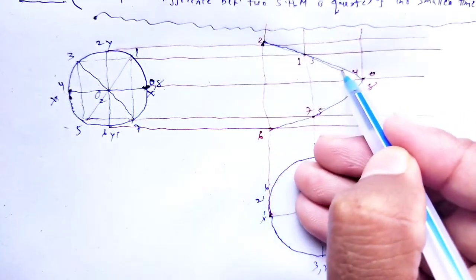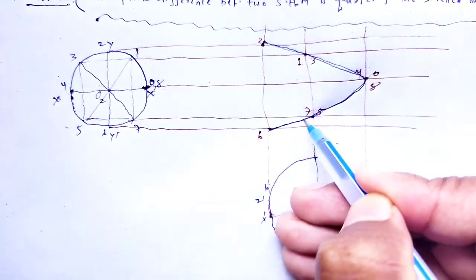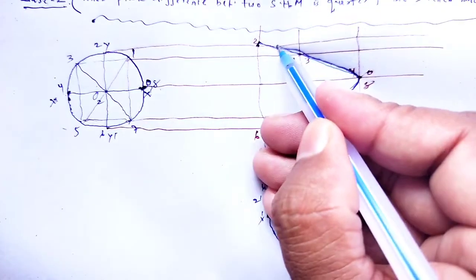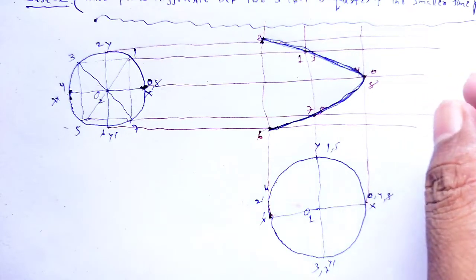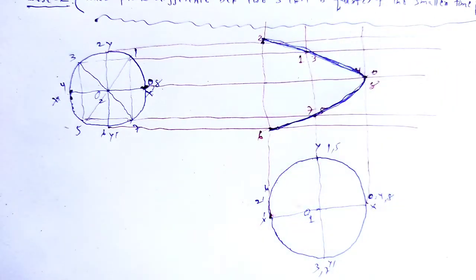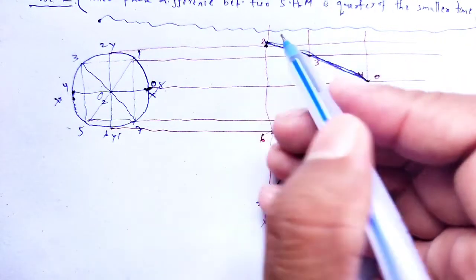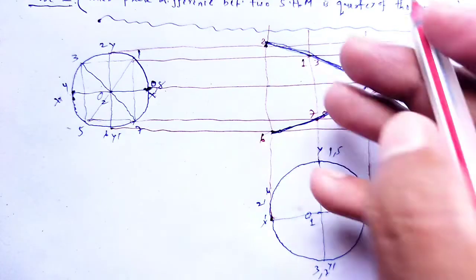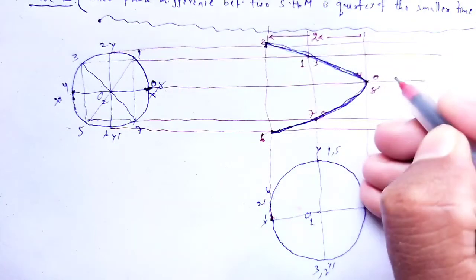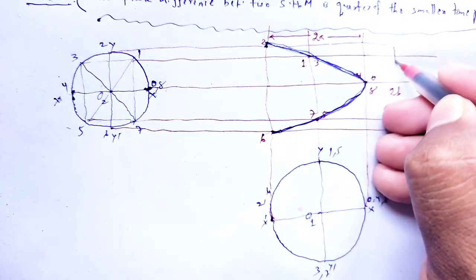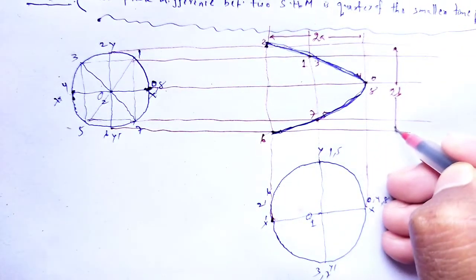So it is just like a parabola which is symmetric about that axis. Here the distance is 2a from this to this and 2b from that to that.